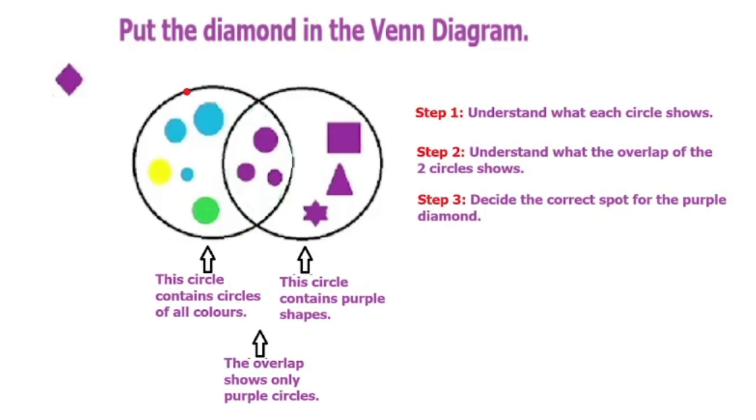So that means this diamond, the only place for it to go would be here in this circle, on this part of the circle. So let's move that over. So let's highlight that and then move it over. So that's where it goes. And that's the answer to this.